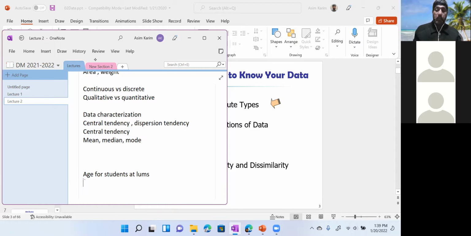It is still ratio scale. It has an absolute zero. Right? So then you can compute the mean. Let's say for example at LUMS, if you compute the mean of all students, you might get a value like 22.3 years. So this would be one value that is characterizing this attribute in this data set. And what is this characteristic? We can say this is a central tendency.